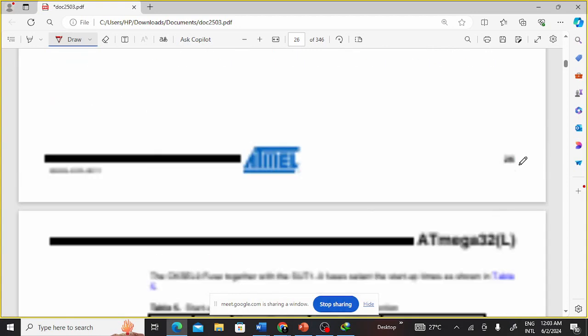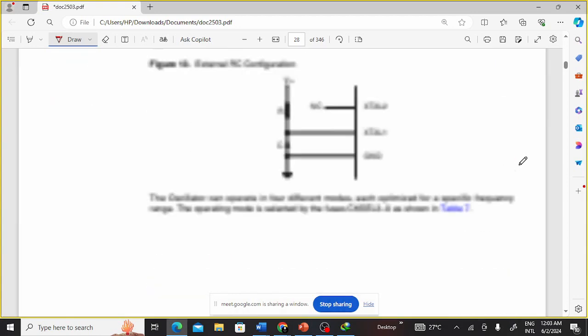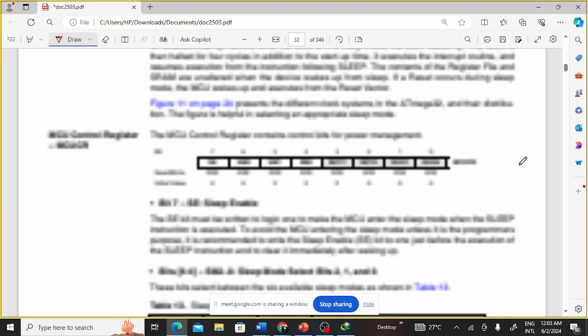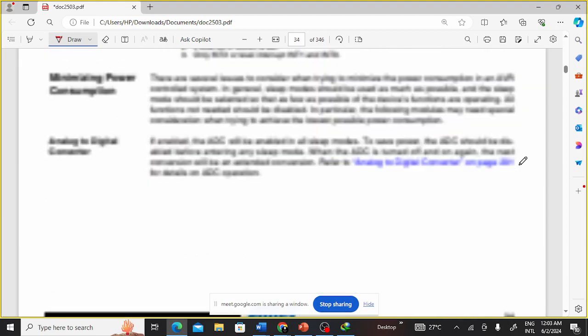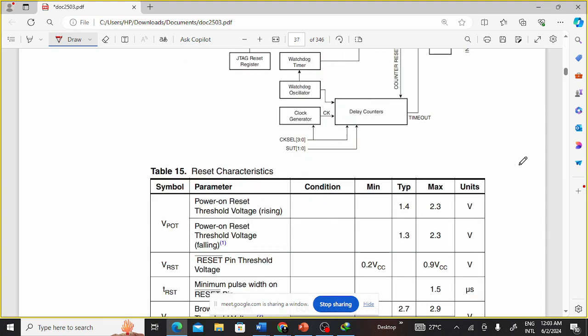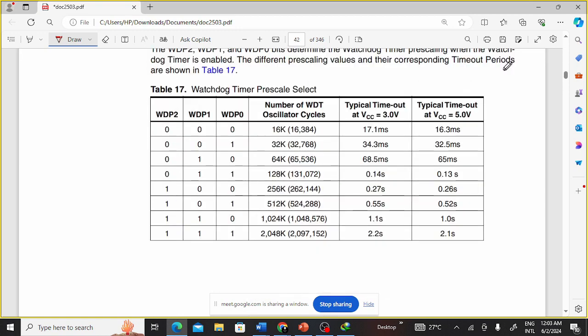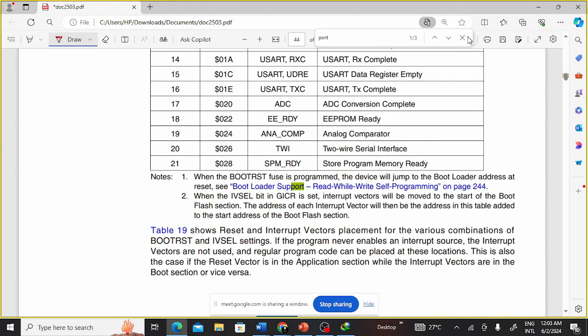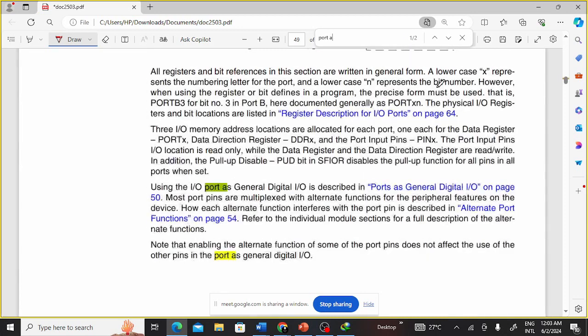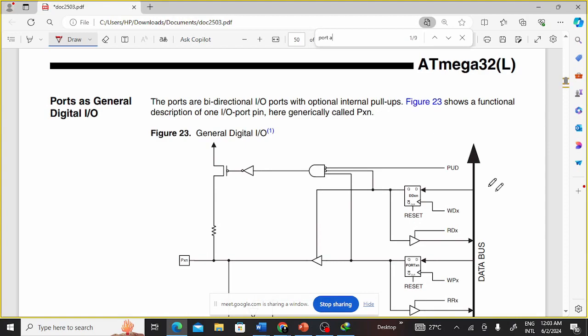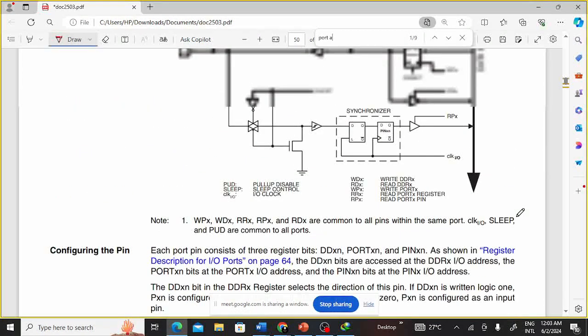Okay, so I'm running to a better place to give you an example of this. I've answered your question, but I want to add more source to it. Let me search for Port A. Port A registers.